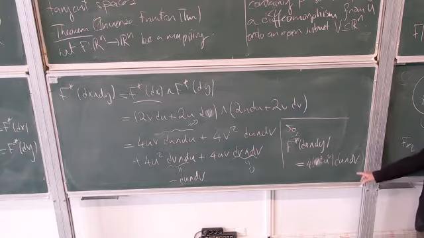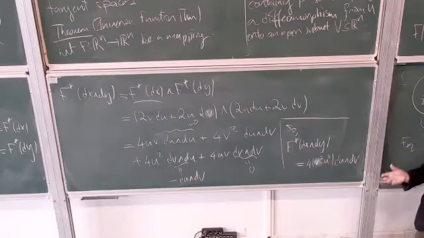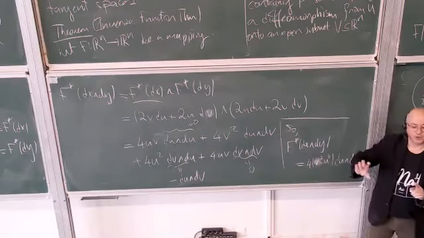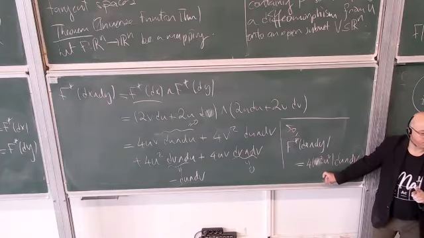This is the formula you use when you are taking integration. You make a variable change, and then you have to compute the Jacobian. Okay, this is the Jacobian.